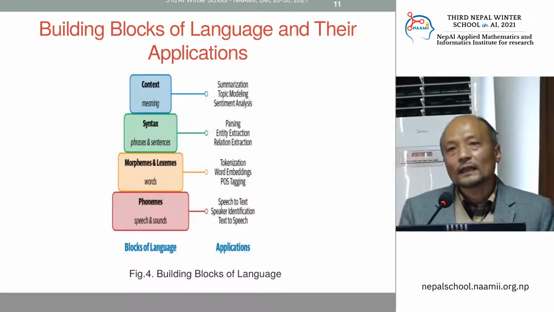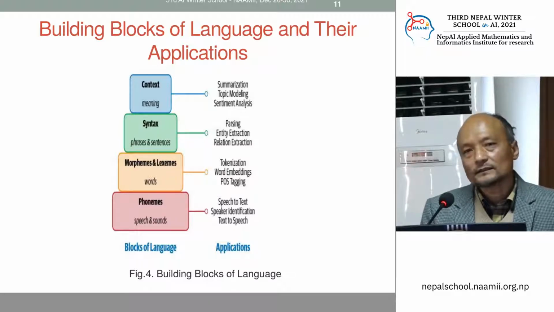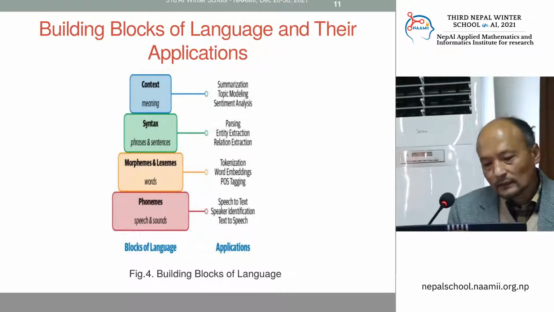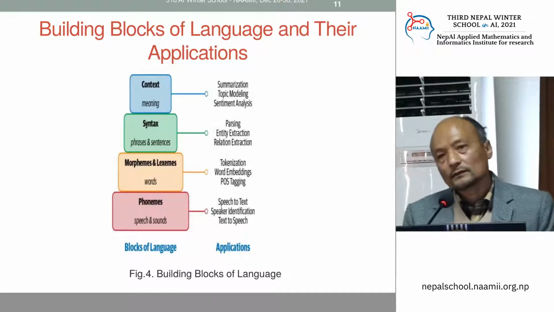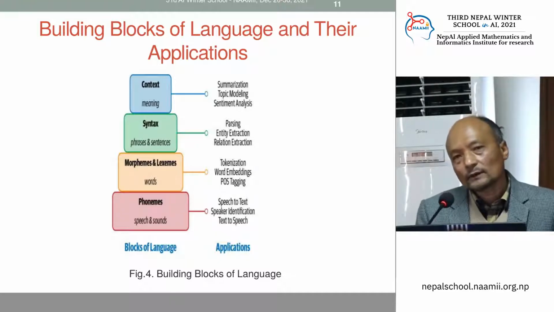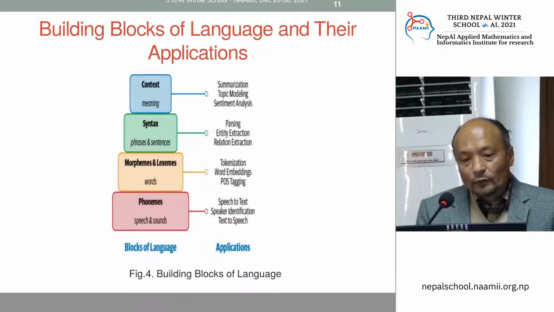And we also have text to speech, where provided a text, the system reads aloud the text, right? So that's at the phoneme level. Speech, and the smallest unit of any speech is a phoneme, right? Then moving on, we have these.